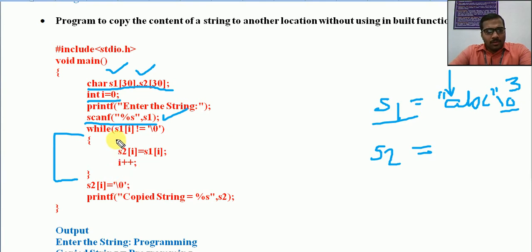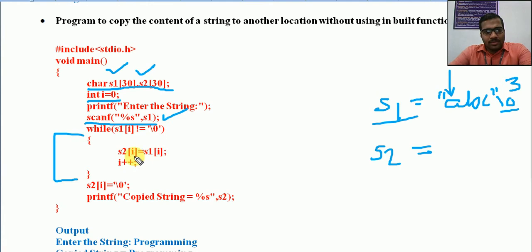So while s1 of i is not equal to \0, this is exactly similar to finding the length. The loop condition is the same as in the previous case. So here also, until it reaches the \0, the termination of the string, we will do the process just like finding the length, incrementing the value of i.